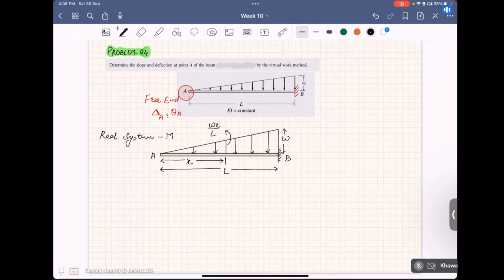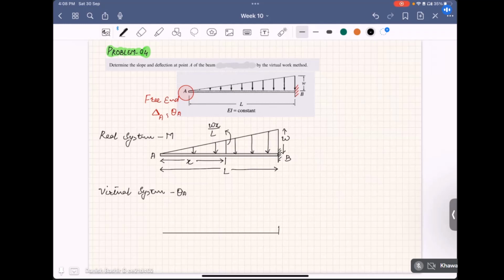For the virtual system, first we will draw the virtual system for determining the slope, theta A. It will be the same beam like this.